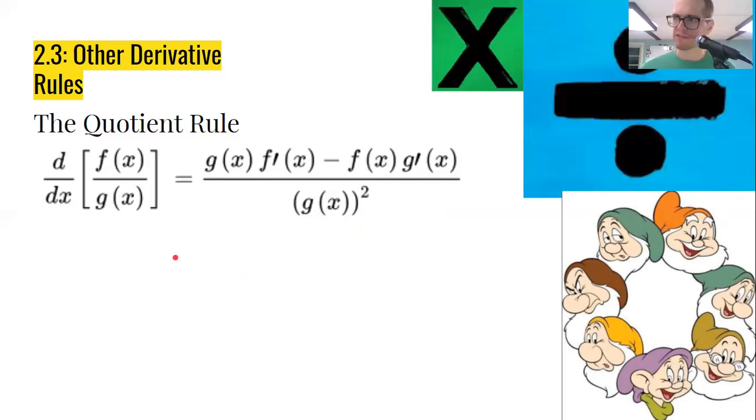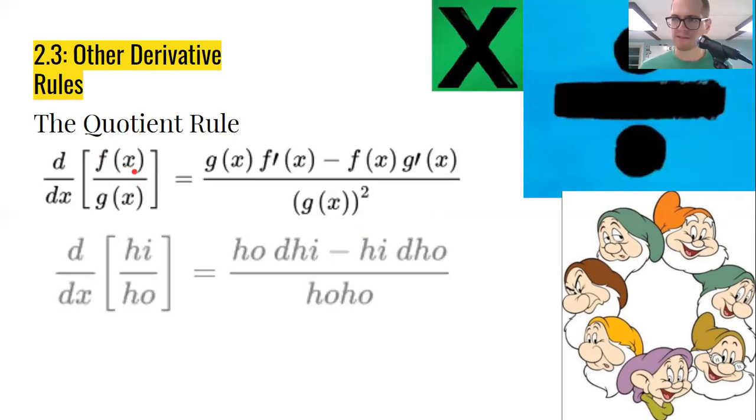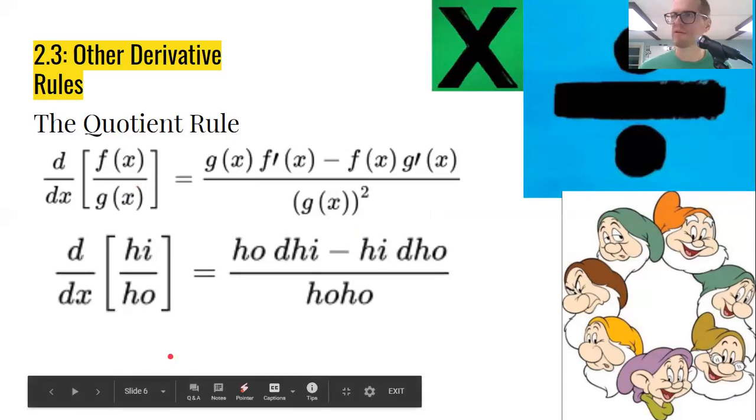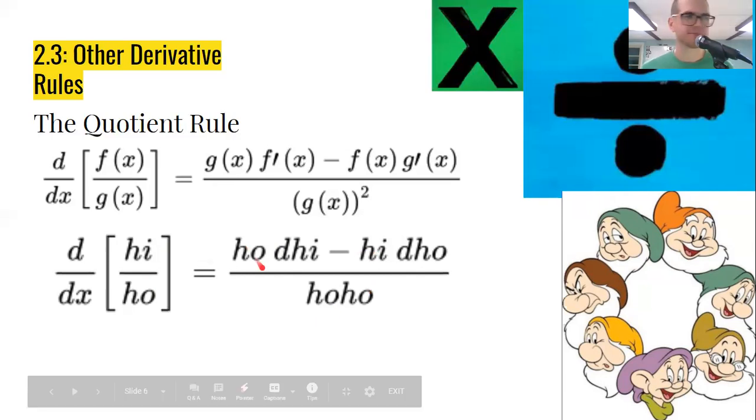So if I replace f of x with hi and g of x with ho, and prime with just d, because I'm doing the derivative: hi ho, ho d hi minus hi d ho, all over ho ho. So ho d hi minus hi d ho, ho ho.